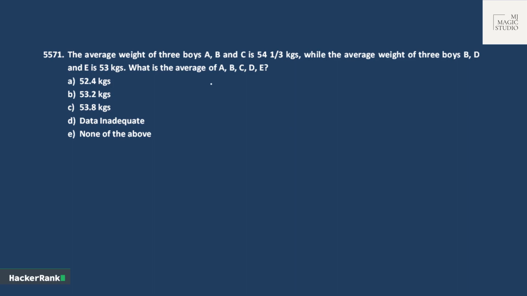The average weight of 3 boys A, B and C, A plus B plus C would be 54 1 by 3. 54 is 150 and 12. 54 1 by 3 is 12, 1, 15, 16 and 1. So it is 163 kgs if we multiply this by 3. And the average weight of 3 boys B, D and E is 53 kg.